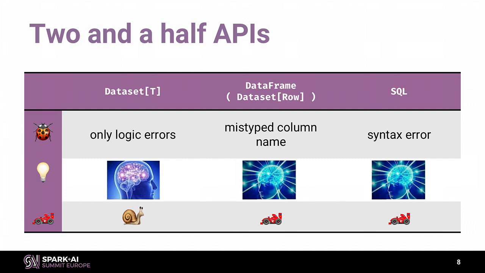When we started to think about it, how come DataFrames and DataSets are two different APIs? This doesn't make sense. DataFrame is a type alias, so it can't have behavior attached. So how is this an API?